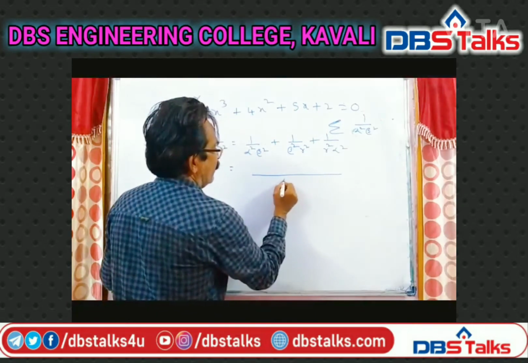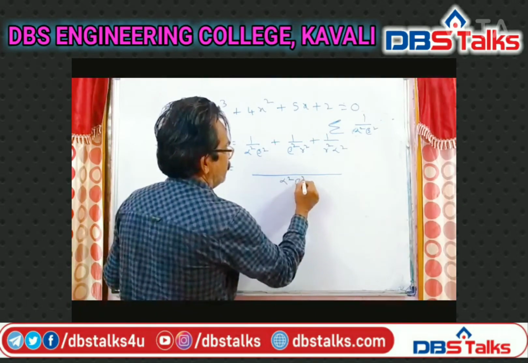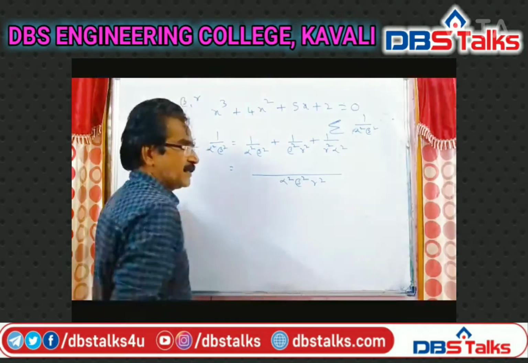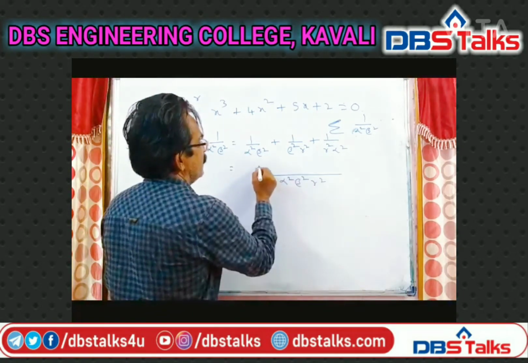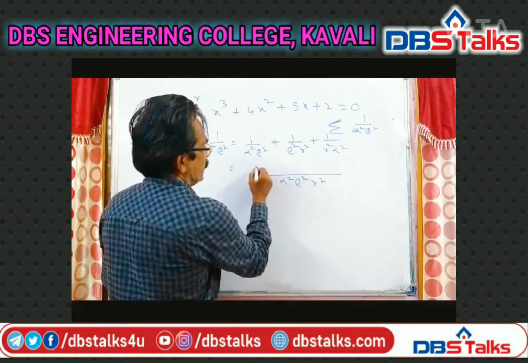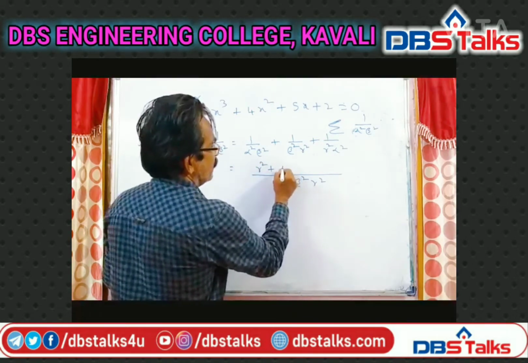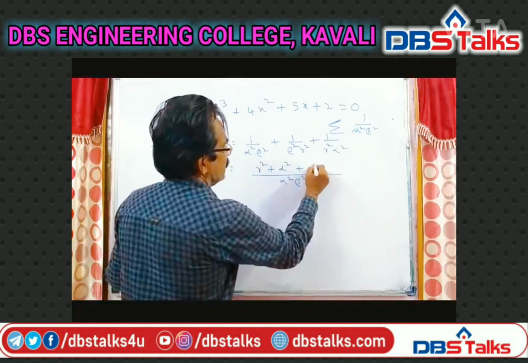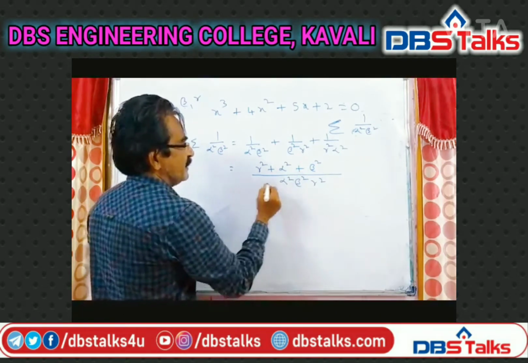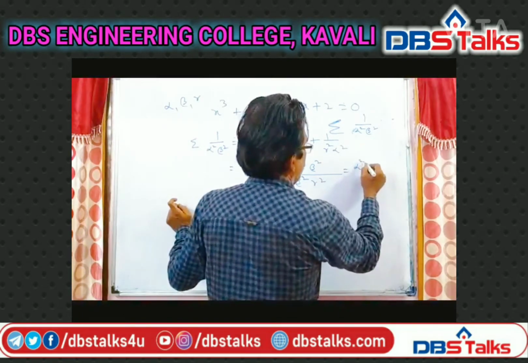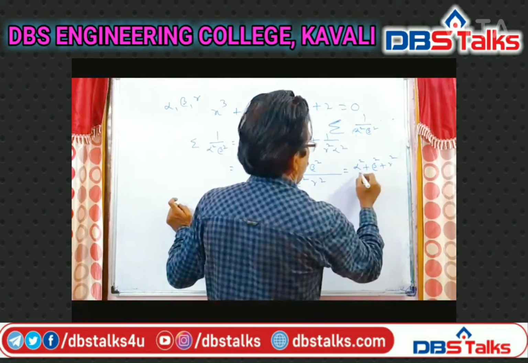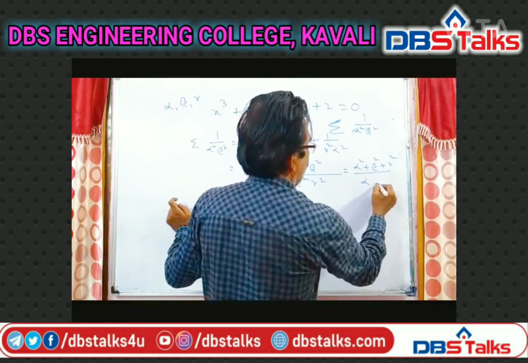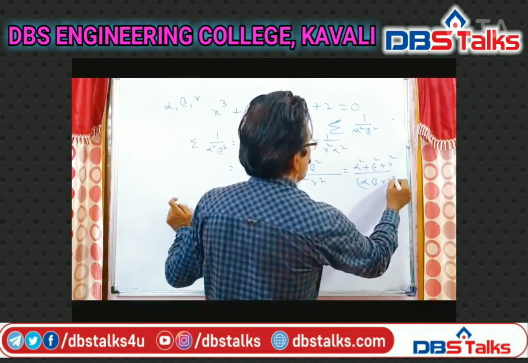LCM is alpha square beta square gamma square. So the numerator becomes gamma square plus alpha square plus beta square, that is alpha square plus beta square plus gamma square by alpha beta gamma whole square.